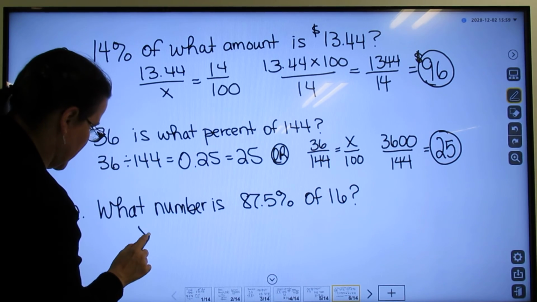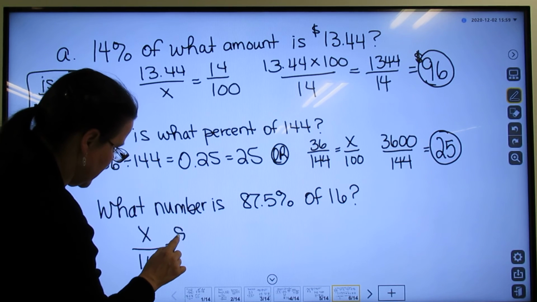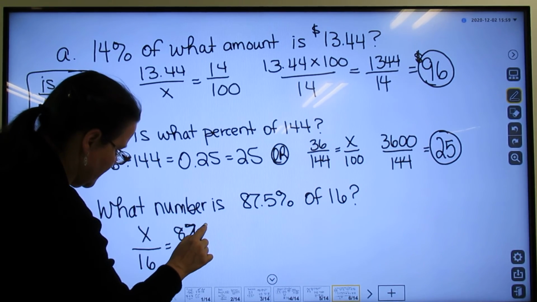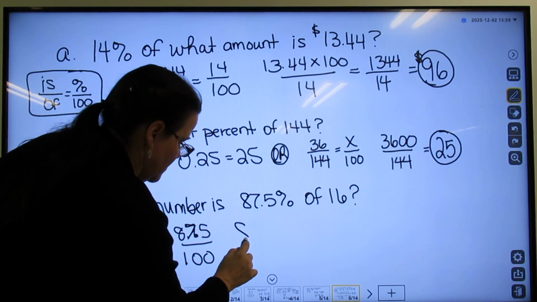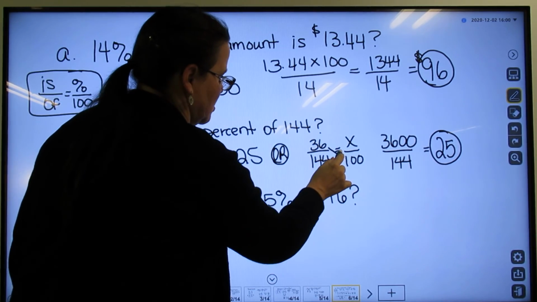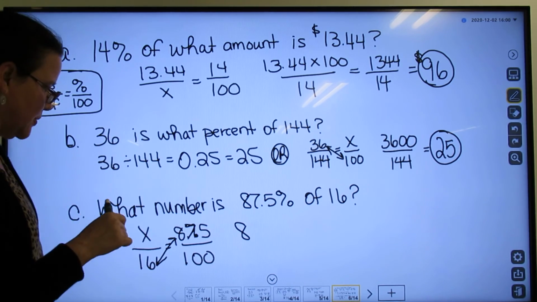And then we have what number is 87.5% of 16? And then we would do x over 16 equals 87.5 over 100. And then we would cross multiply. All of them I am cross multiplying with the two numbers I have, and then I'm dividing by the one number that's left, okay?